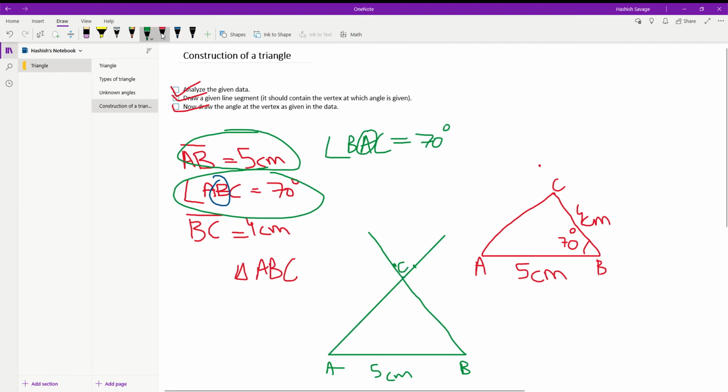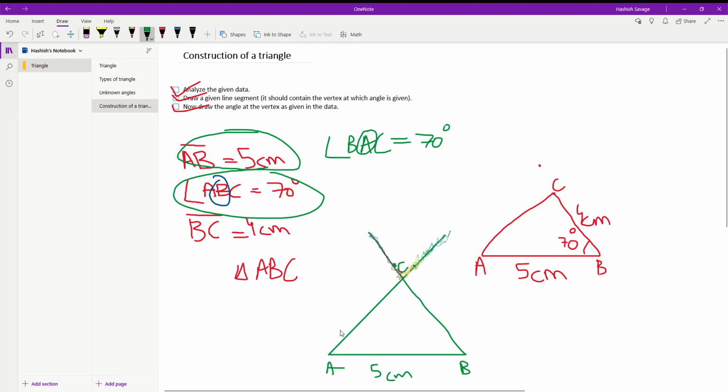I'm just doing another marker over here, like this is not included and this is also not included. So you just need to erase these two lines from here, and that will be your vertex C.